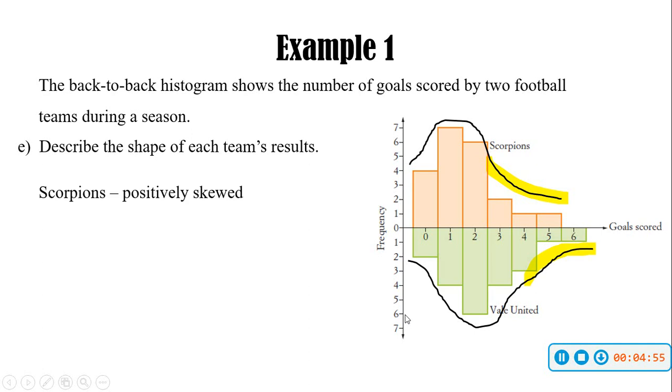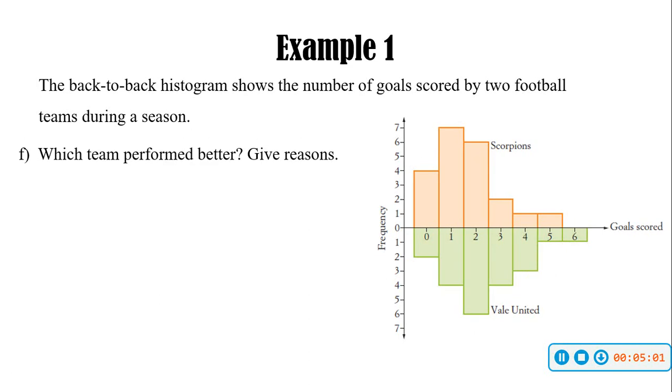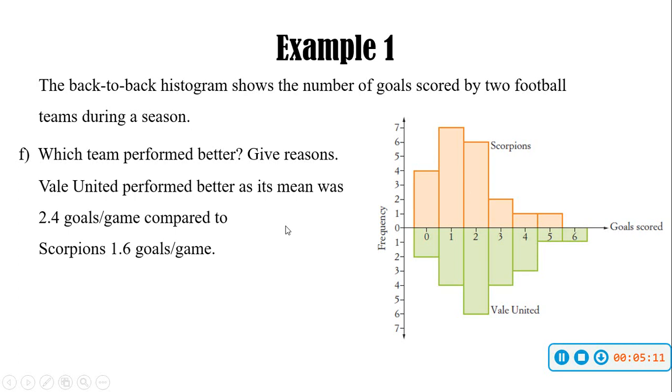So in both teams, the result is positively skewed. Part F. Which team performed better? Give reason. We have already calculated the mean for each team. So Whale United performed better as its mean was 2.4 goals per game in comparison to Scorpions' 1.6 goals per game.